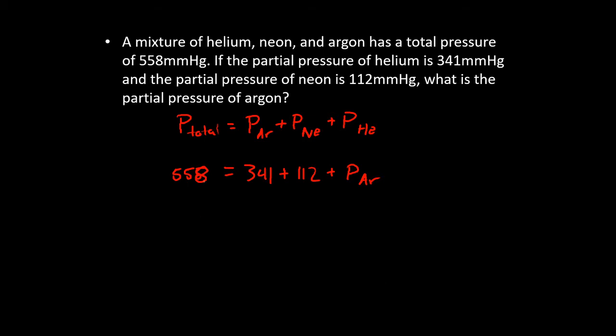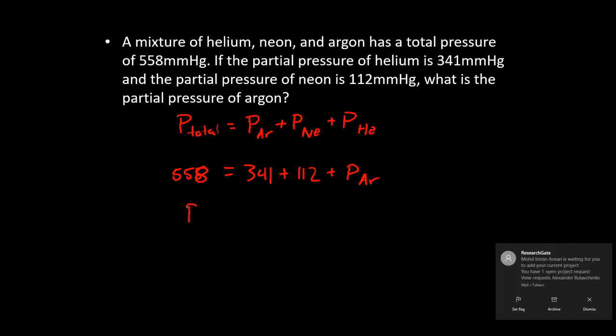That's all this is. We know the total is 558, and we know these 2 parts. And so if we subtract those 2 parts from the total, so 558 minus 341 minus 112, that leaves us with the partial pressure.